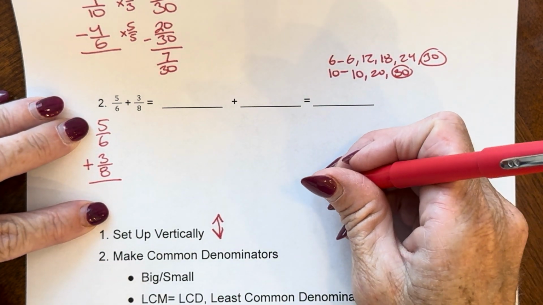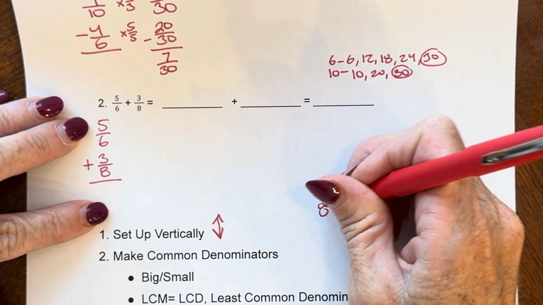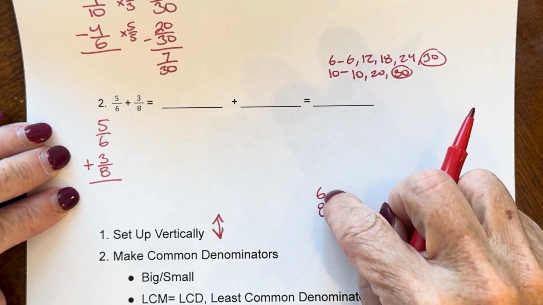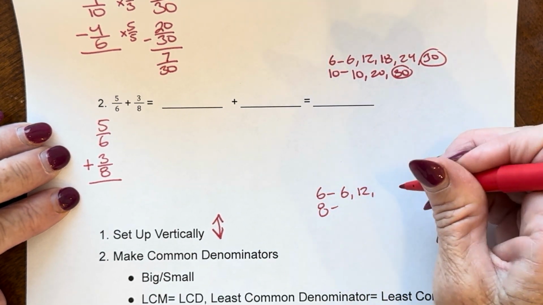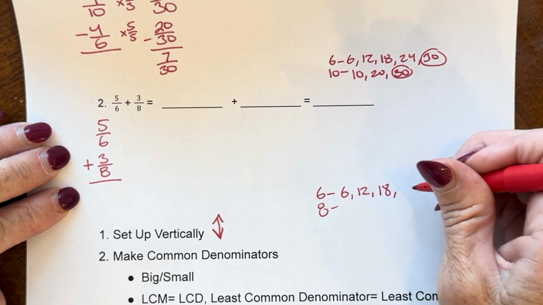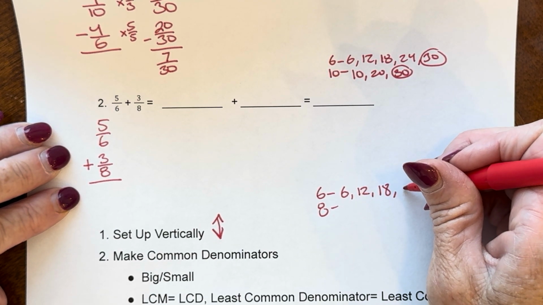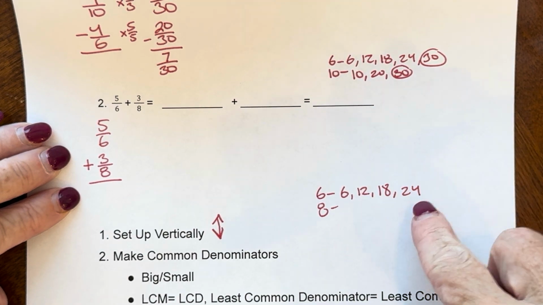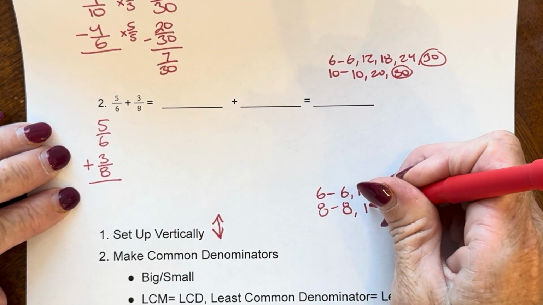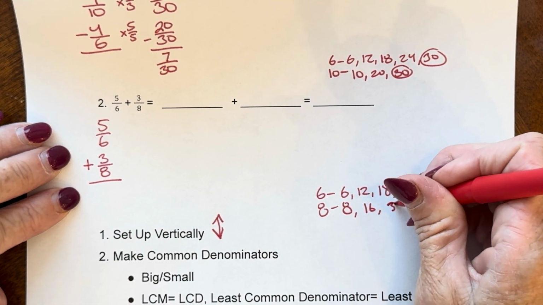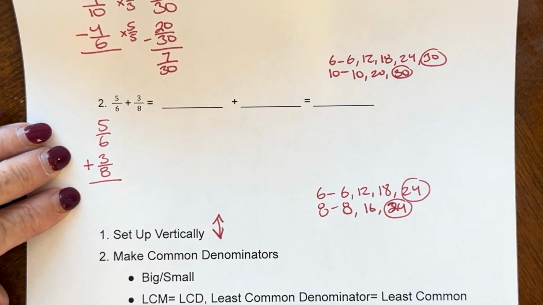So I'm going to come down here and find what are my common denominators. So I always like to start with my smaller ones. So 6 times 1 is 6, 6 times 2 is 12, 6 times 3 is 18, 6 times 4 is 24, and that's going to be it because I know my 8s. So 8 times 1 is 8, 8 times 2 is 16, and 8 times 3 is 24.